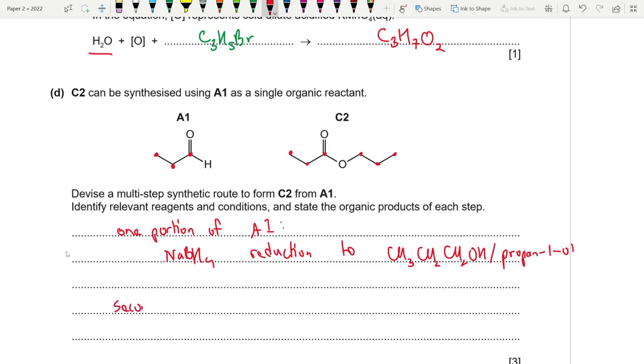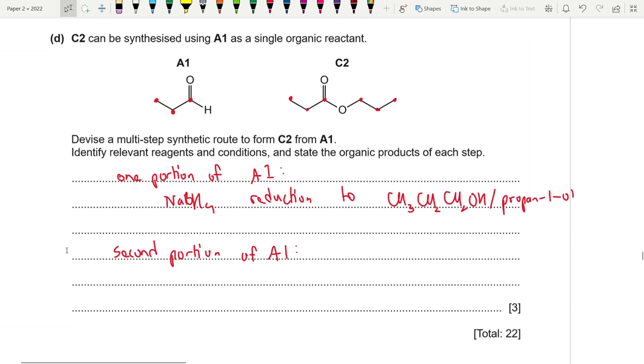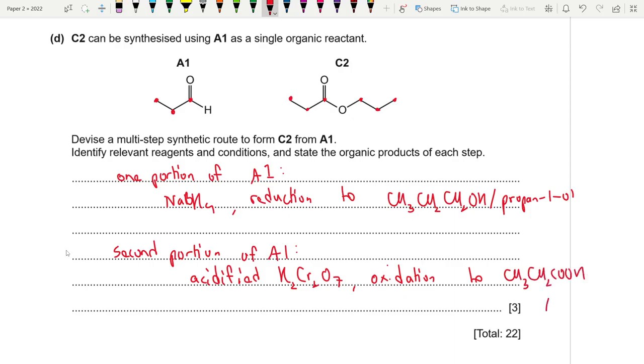Second portion, what's going to happen essentially? We are going to oxidize it, right? What's our choice? Acidified potassium dichromate, K2Cr2O7. Oxidation to propanoic acid, CH3CH2COOH. Fine.